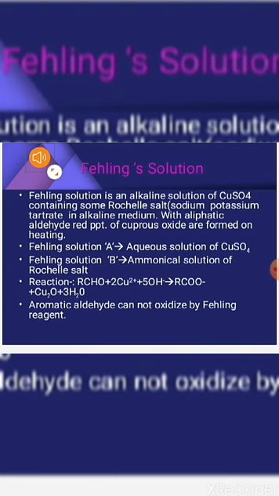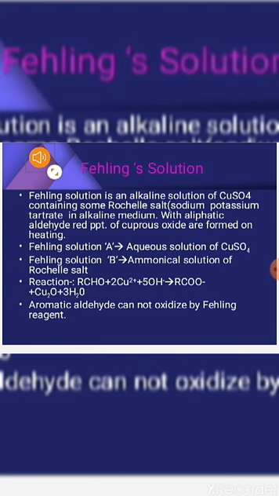Second mild oxidizing agent is Fehling solution. Fehling solution or Fehling reagent is a combination of two solutions, Fehling solution A and Fehling solution B. Fehling solution A is an aqueous solution of copper sulfate, while Fehling solution B is an alkaline solution of Rochelle salt, sodium potassium tartrate.